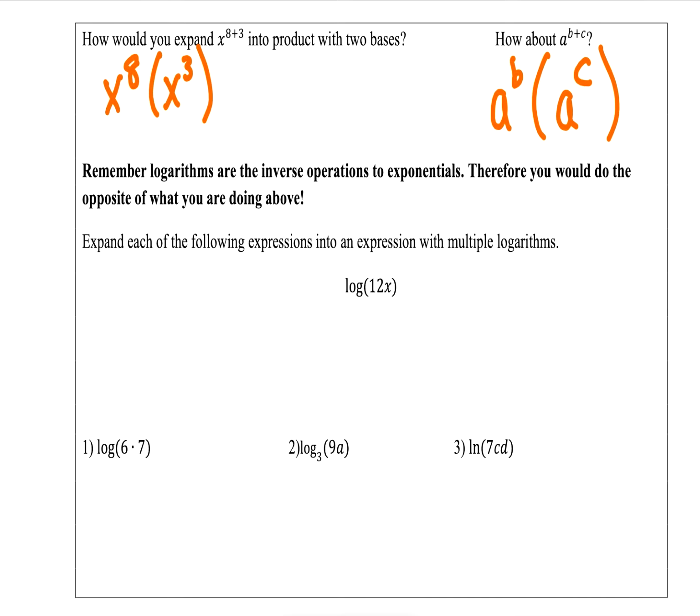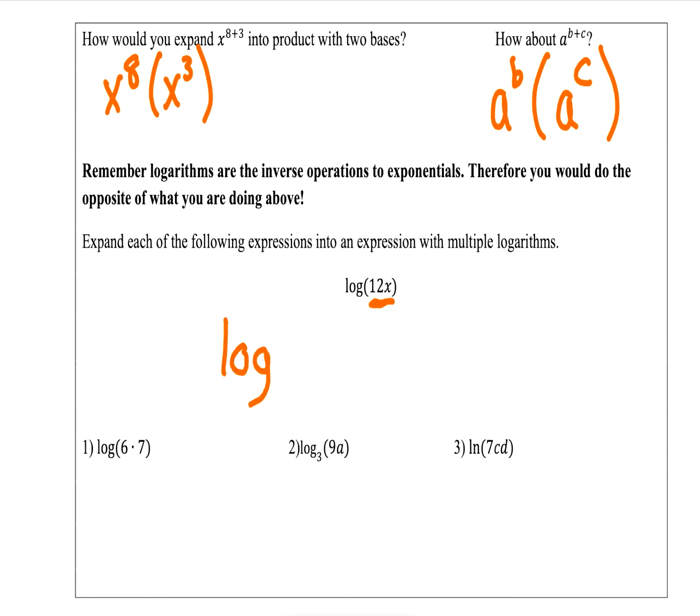But when we're taking a logarithm of the same base, so logarithm base 10, and our argument is 12 times x, we can expand this out into multiple logarithms, so it would be log.